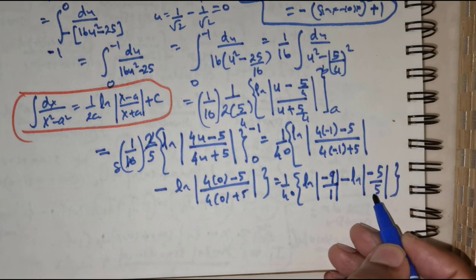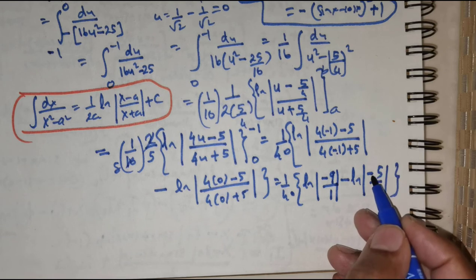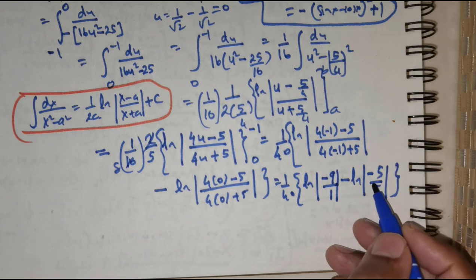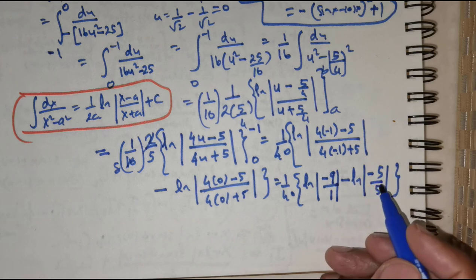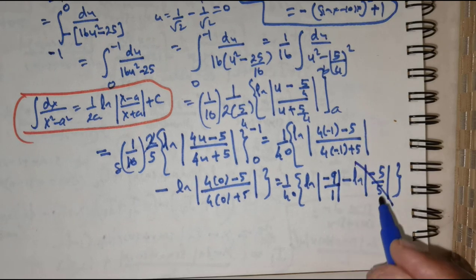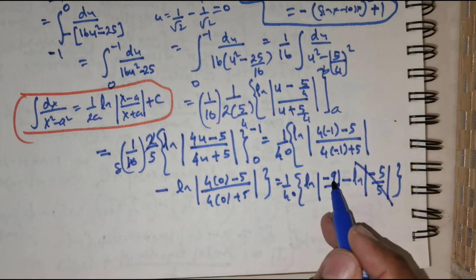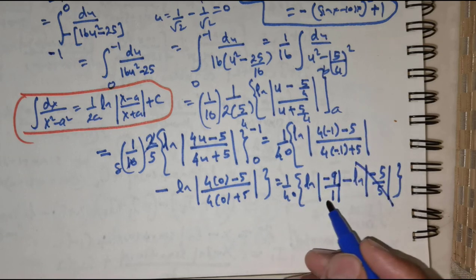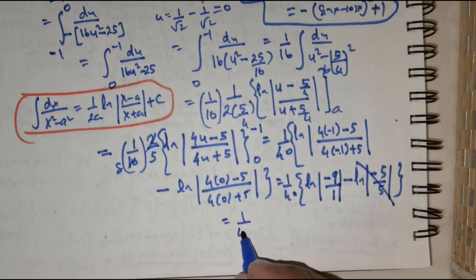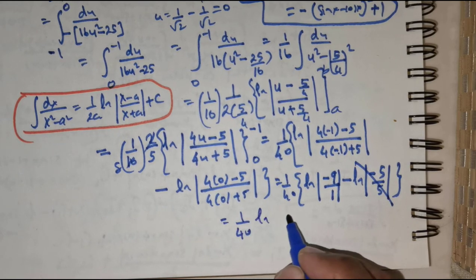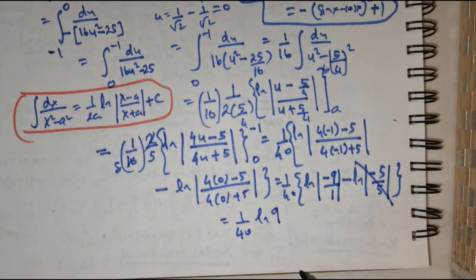Now 5 divides 5 one time, I have a negative 1, but it's a modulus sign, so I'm going to produce ln 1. So ln 1 will be 0. So that goes off. Now ln of negative 9, but it's present inside the modulus sign. That's going to be 1 over 40 ln of 9.